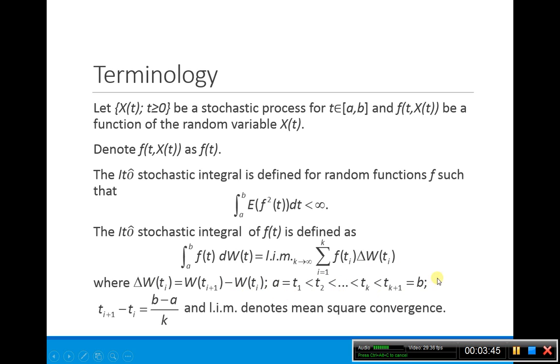Here a and b were thought of as an increasing sequence, and our change is just (b minus a) over k. And here this l.i.m. actually means mean square convergence.